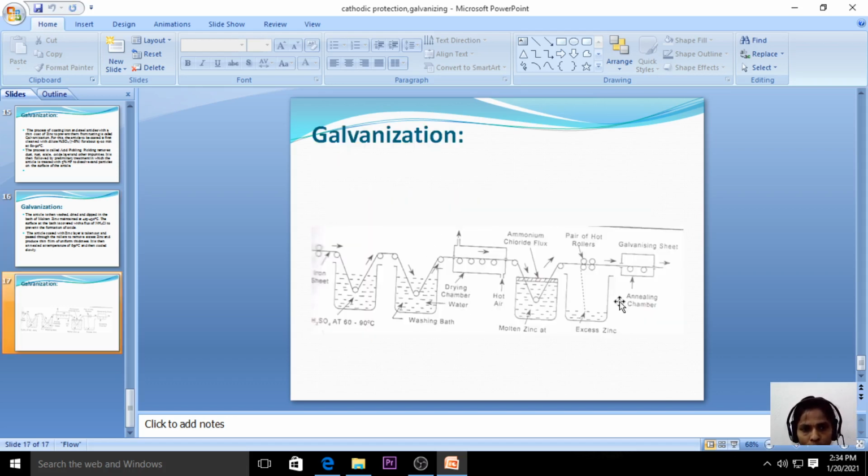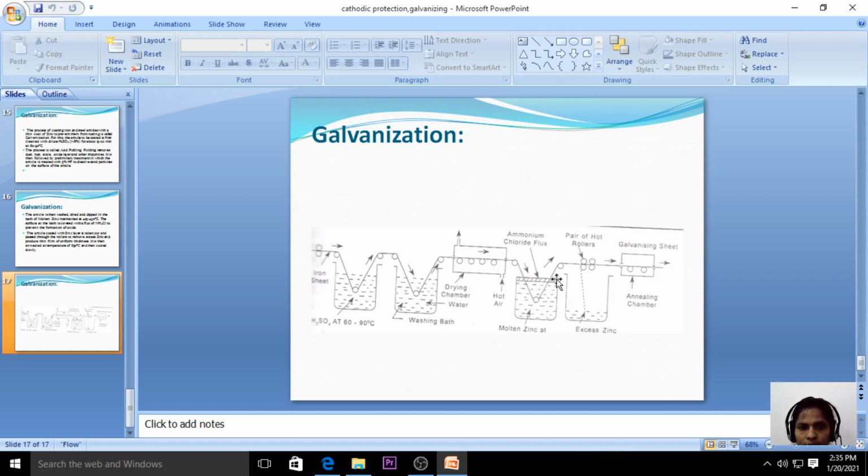So this is the diagram. See here, initially it is cleaned with sulfuric acid, then washed with hydrofluoric acid and water, and then dried in the drying chamber, and then it is dipped in the molten solution of zinc.